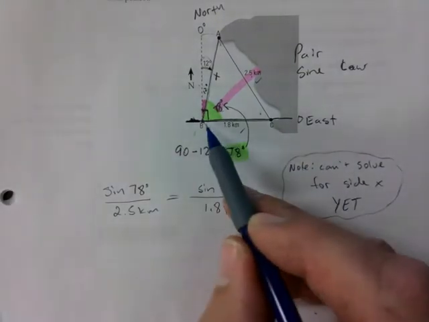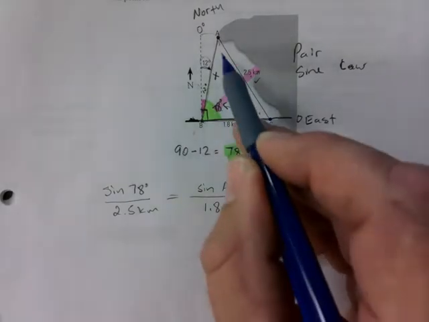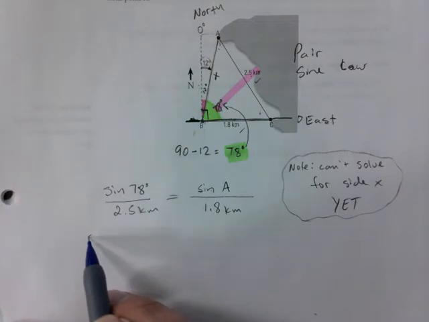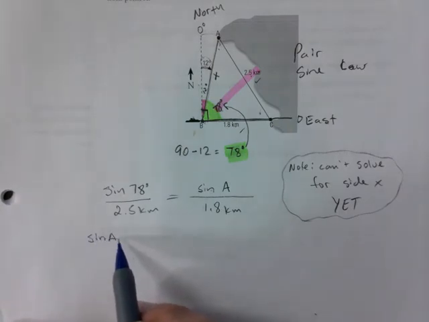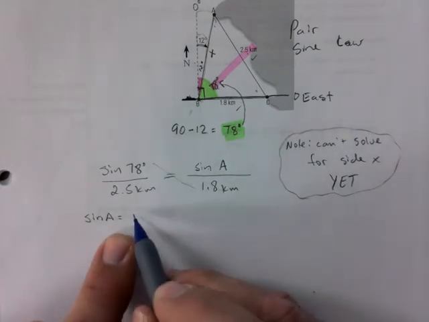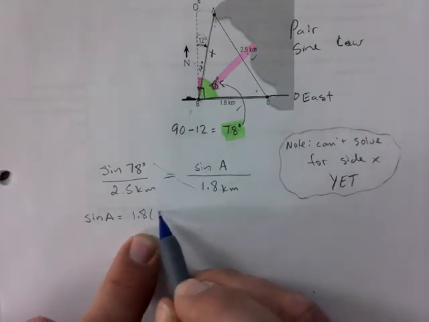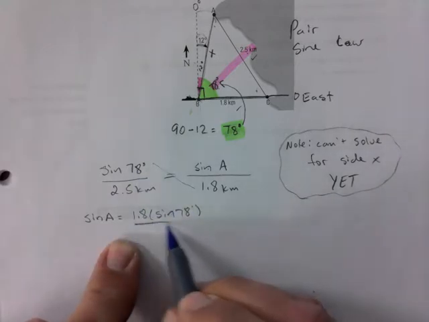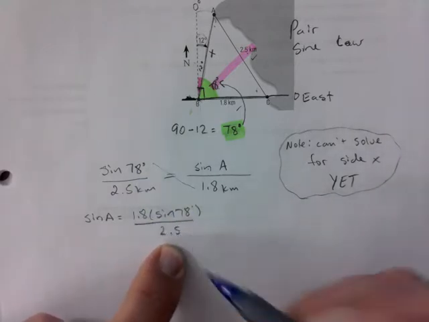But we knew this side, so that tells us that we can find the angle across from it. So sine of A, watch this. Your notation is important here. You cross multiply these two. I choose to take the number first. Sine of 78, multiply them, divide.